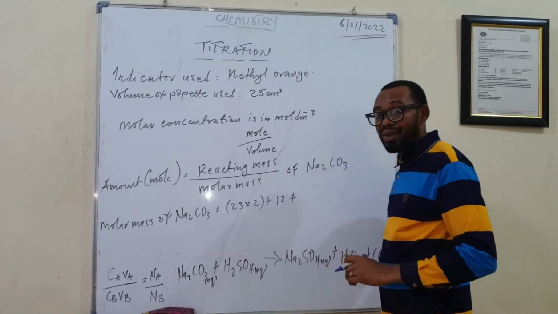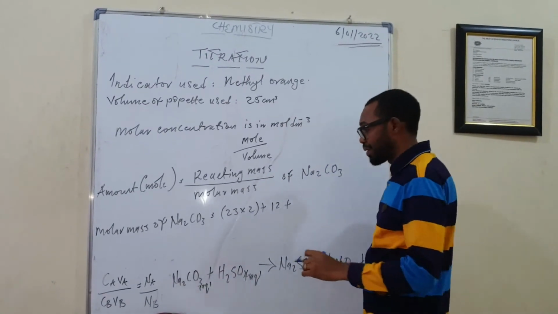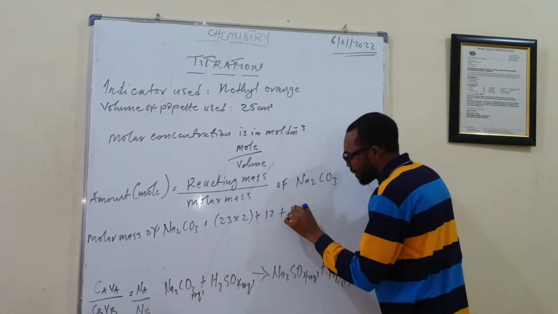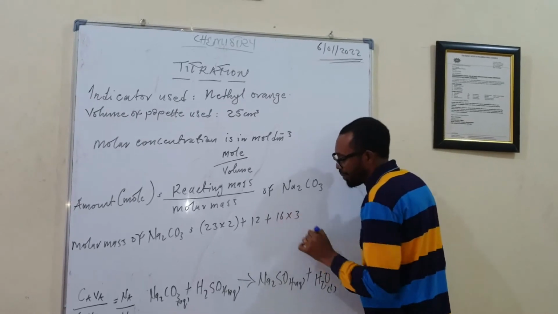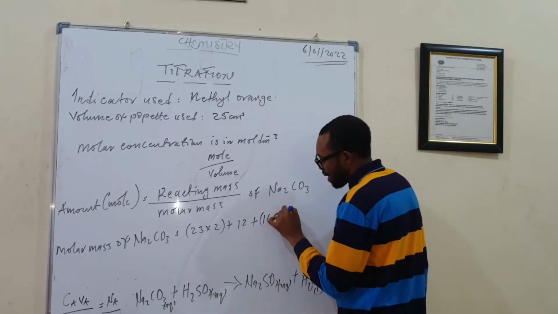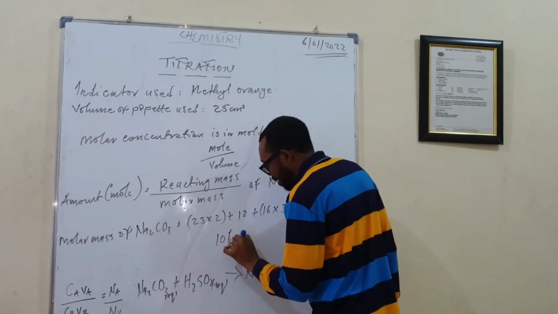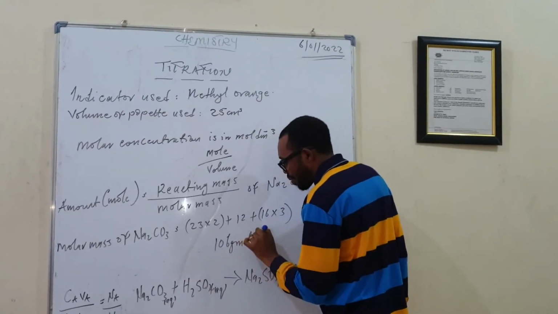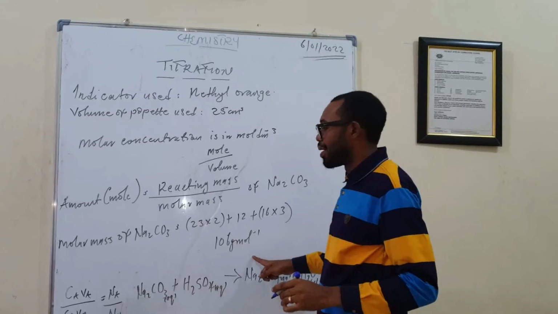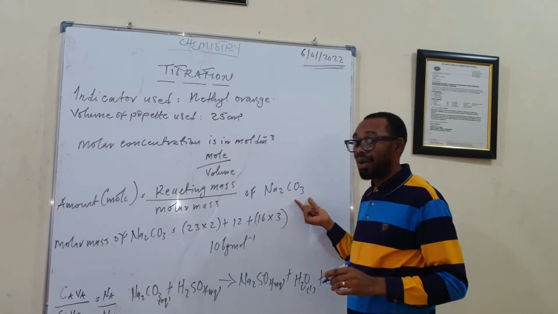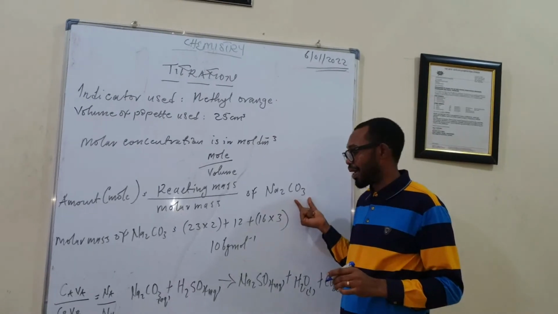Oxygen is 16, and we have 3 atoms of oxygen, that would be 16 times 3. If you multiply this out, you'll have 106 grams per mole as the molar mass of sodium trioxocarbonate IV. Is that clear?